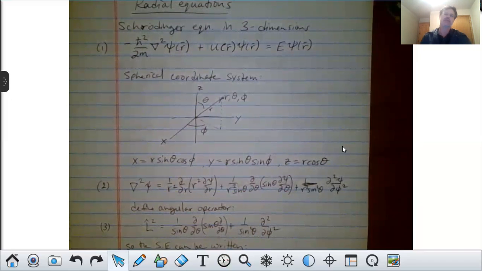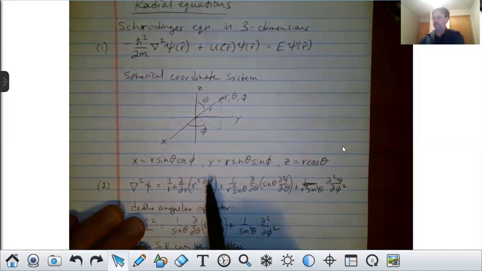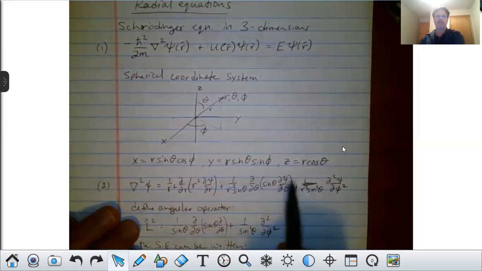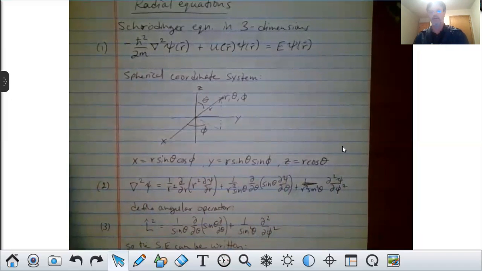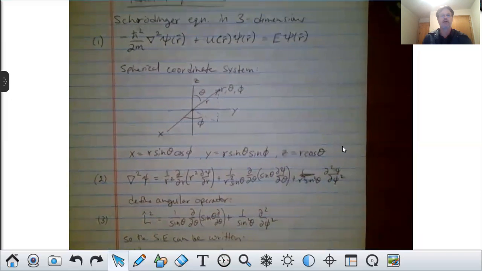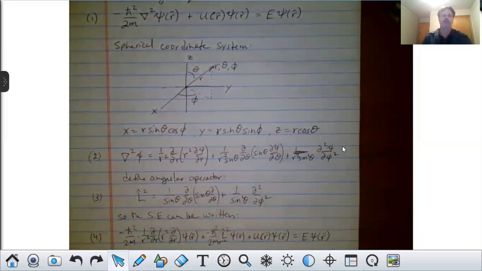Right? And we can think of this as an operator. We could kind of say that all of this stuff is operating on the function, taking the derivatives, multiplying by the r's, the sine of thetas, and things like that. And if we do that, we could look at the angular part.